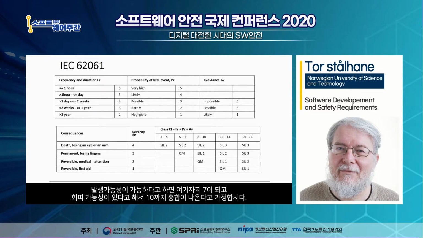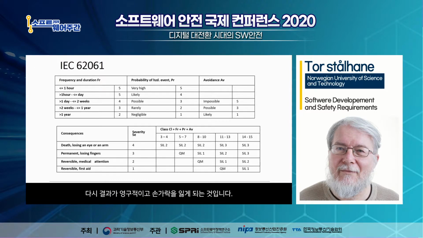That is possible to avoid. That's up to 10. And okay, let's assume that there's permanent loss of fingers or something. So 10 is SIL 1. So in this way, you have to decide what the frequency is, what the possibility of avoidance is, what the probability is, and what the consequences are. And that will give you a SIL level, or maybe not a SIL level, but just a quality management alternative.